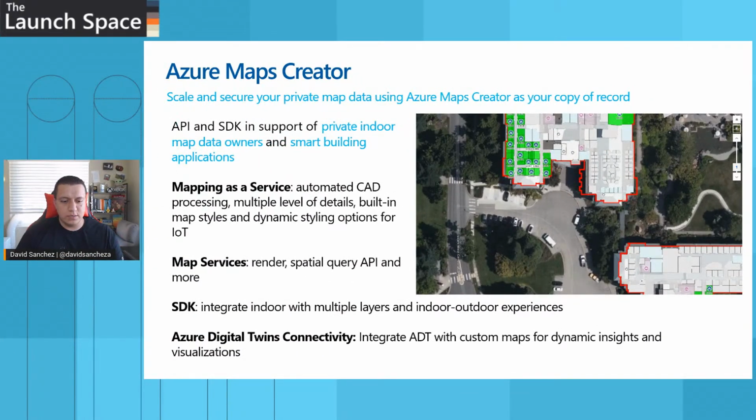It provides the render and spatial query APIs, and the SDK will allow you to integrate with the web SDK. There are some integrations with other Azure products like Digital Twins, to connect to the different sensors that you have inside your building and visualize them in the maps.